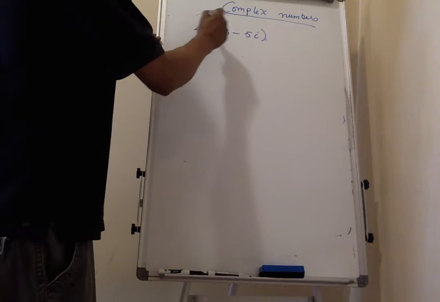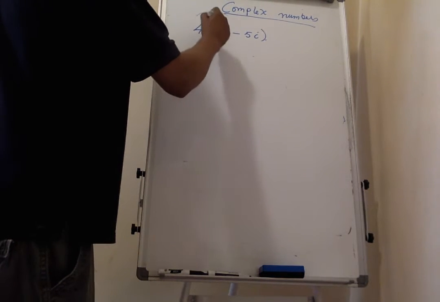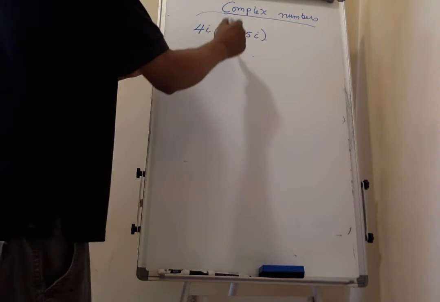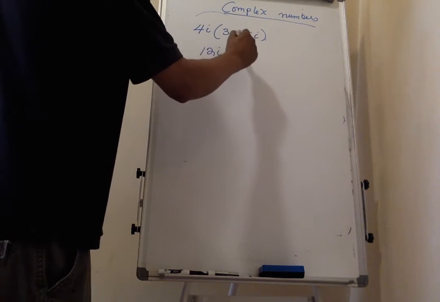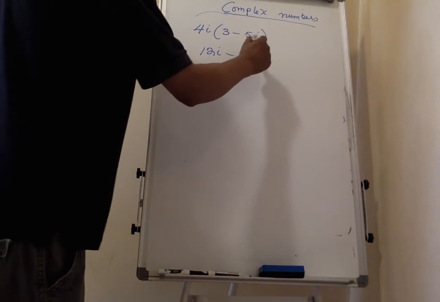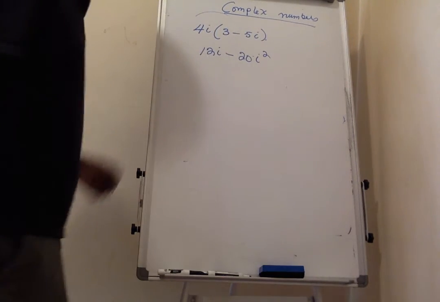So now 4 times 3 is 12, and then you have i. 4i times 3 is 12i. Then put negative. 4 times 5 is 20, right? And then i times i is i squared.